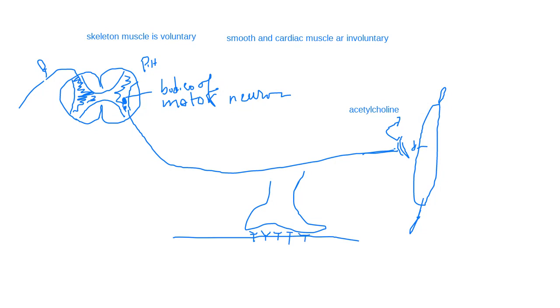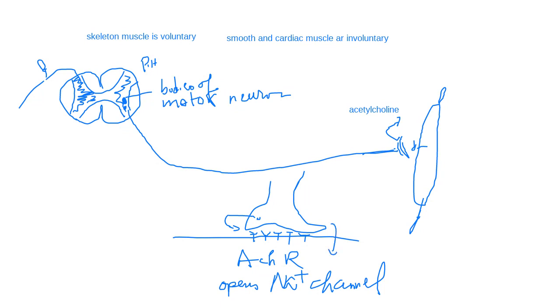And so when acetylcholine is released, I'm just going to write ACh for acetylcholine. The acetylcholine receptor will open the sodium channel. And when the sodium channel is opened upon acetylcholine binding, then this membrane is depolarized, right? So it goes from negative to positive.